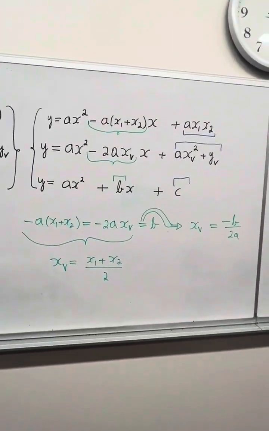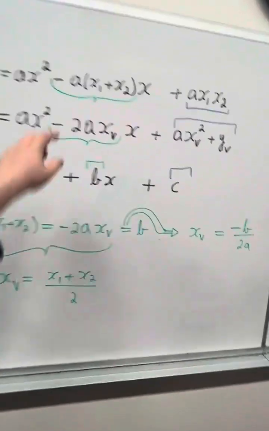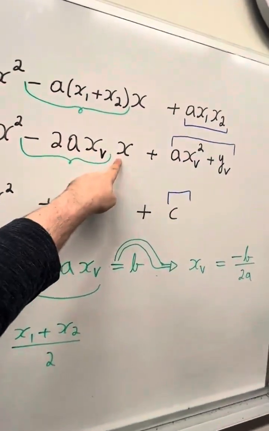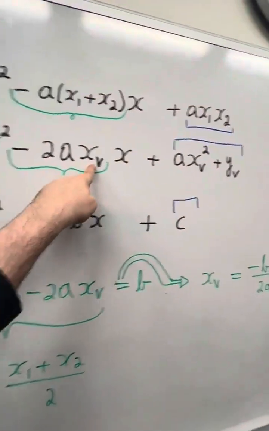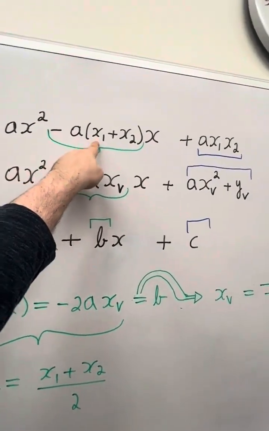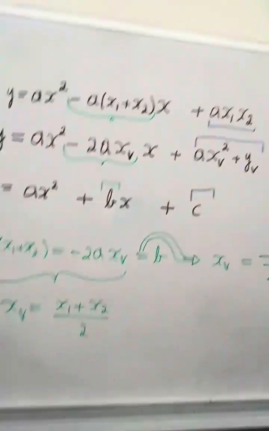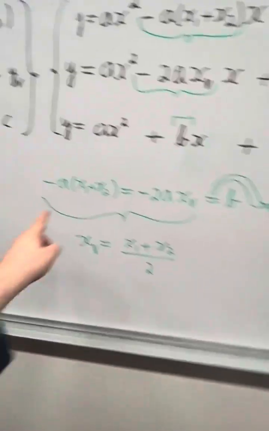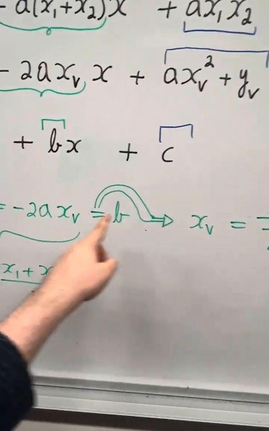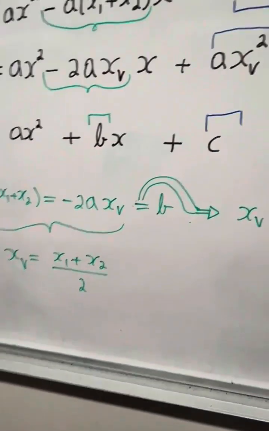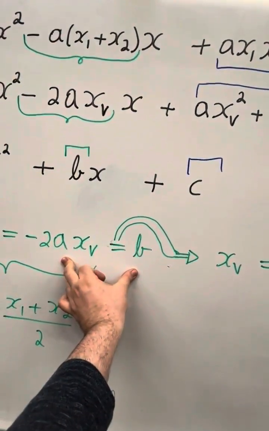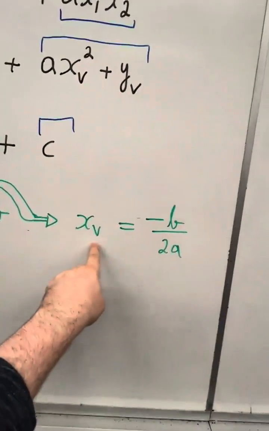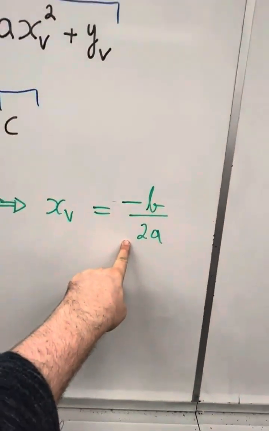But then I'm comparing the coefficients of degree 1 that are multiplying x. Here I have b, here I have minus 2a times x of the vertex, and here minus a times the sum of x1 and x2. I wrote here in green the three coefficients of x to the power 1, the linear term. Solving this equation for the x of the vertex, I find minus b over 2a.